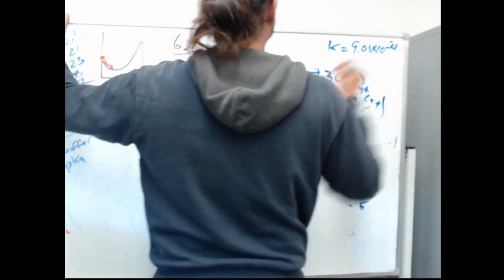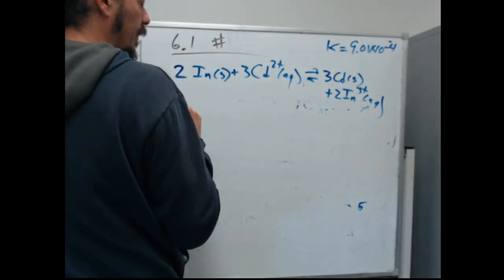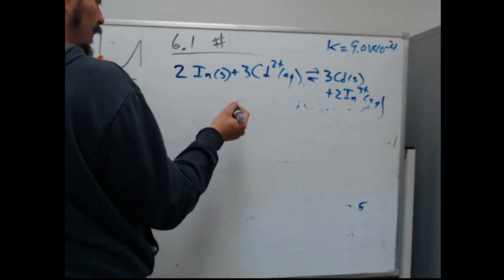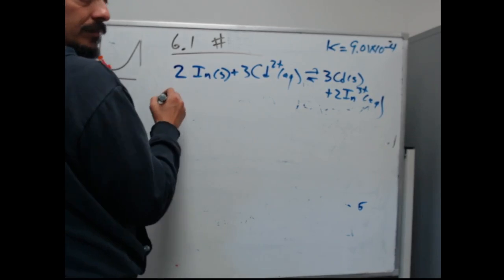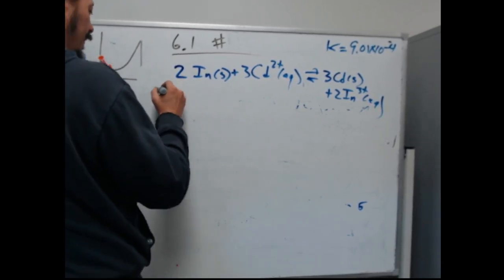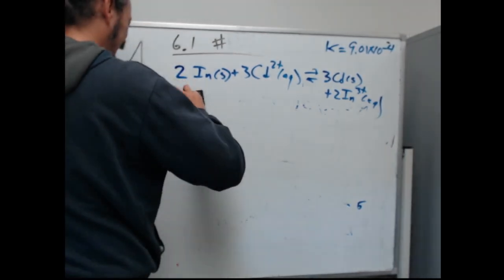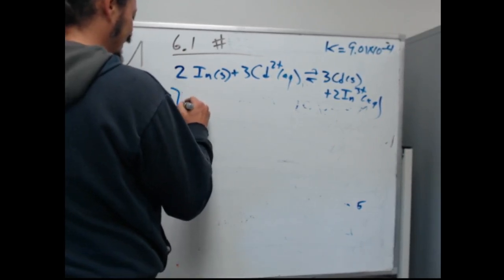And then the question is, we make up 250 milliliters of a solution of cadmium NO3, 2 NO3s aqueous, with a concentration of 1.83 molarity, and add an 11.5 gram chunk of indium metal. What is the equilibrium concentration of indium ions?